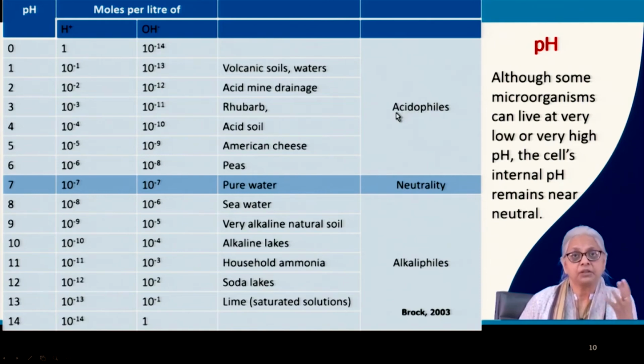Also keep in mind that generally we pickle food, and the reason for pickling food is that the normal species that we see around us cannot withstand the acidic pH of pickles and so on, and that's why pickling food helps to preserve the food for a long period of time.